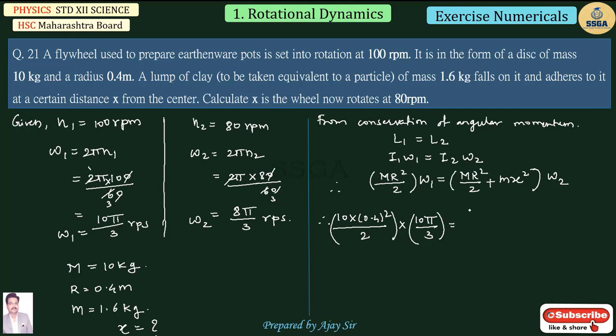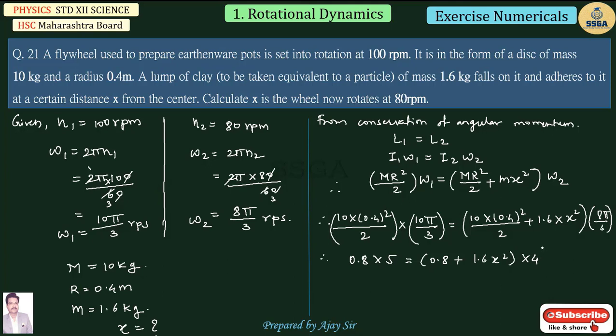So this is equal to, again here capital M, that is 10 into 0.4 square divided by 2 plus 1.6 into x square, into omega 2, again here it is 8 pi by 3. So after multiplication, on the left hand side you will get only 0.8 into 5, and on the right hand side it is 0.8 plus 1.6 x square into 4.